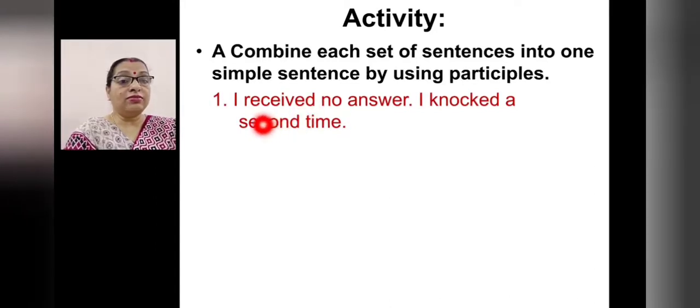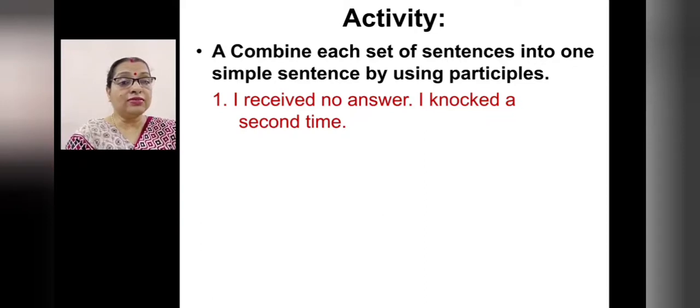First action, received. Second action, knocked. So, according to the rules, you have to retain the latter action. So, the first action, you have to make it a participle. So, what will be the answer? Think of the answer.